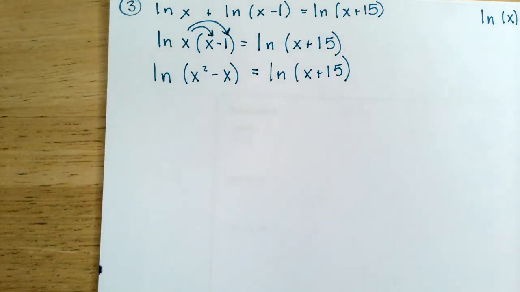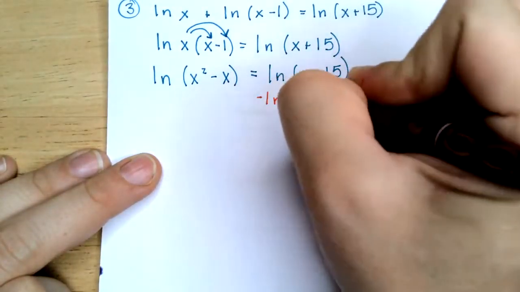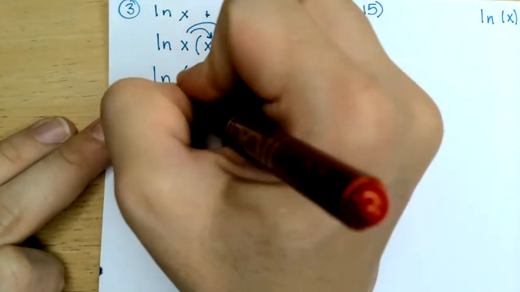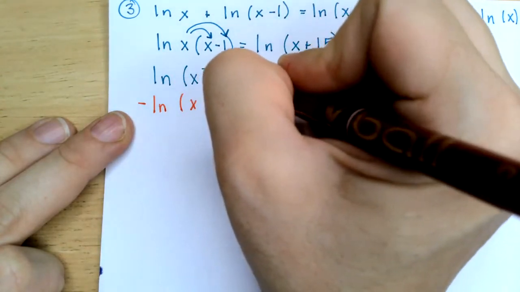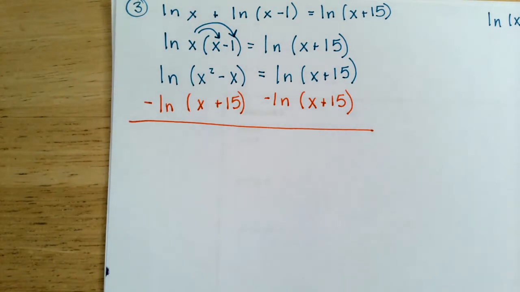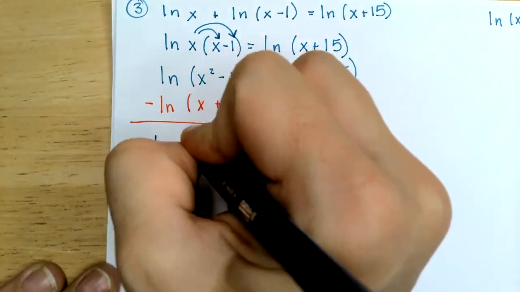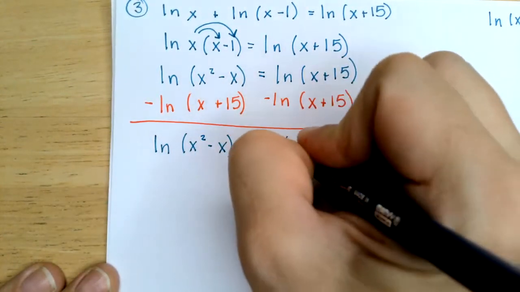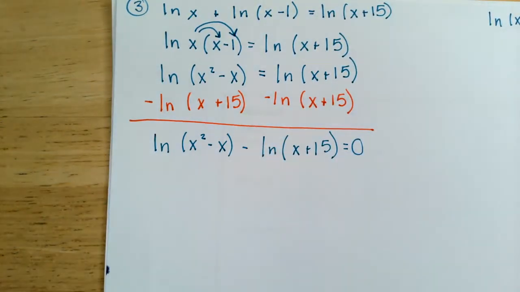So what I'm going to do is I'm going to subtract this from both sides. And what I will get is the natural log of X squared minus X minus the natural log of X plus 15 equals 0.